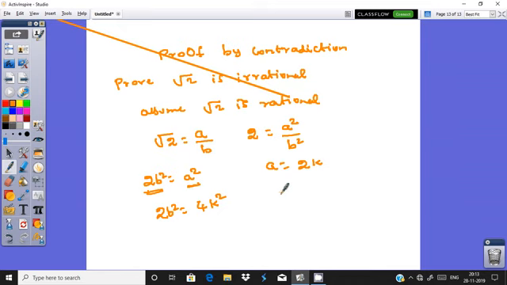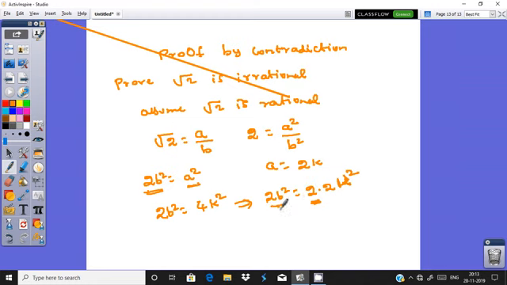So this 4k squared can be written as 2b squared is equal to 2 into 2k squared. Anything which is a multiple of 2, we can say the common factor is 2 here.